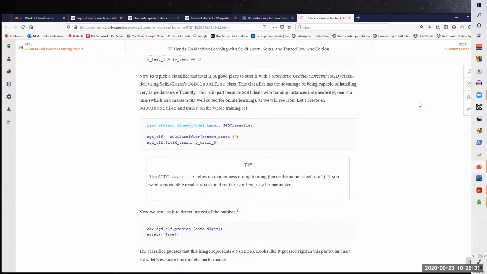But for this course, it's enough that you understand the basic idea behind different machine learning algorithms and how to use these Python scikit-learn tools in practice.